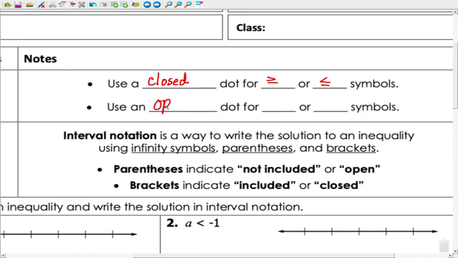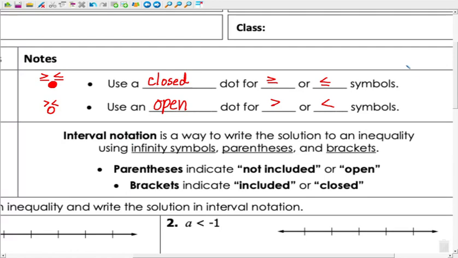And we're going to use an open dot for greater than or less than symbols. Just recall, greater than or equal to, less than or equal to mean the value can be included. It can be equal to. So we fill in our circle to show that that value is included. Greater than or less than means your number cannot be included, so we leave it open.